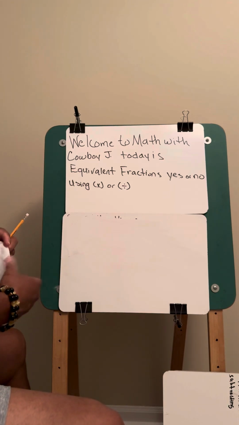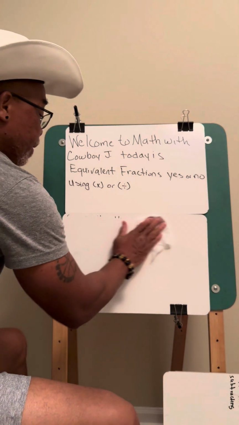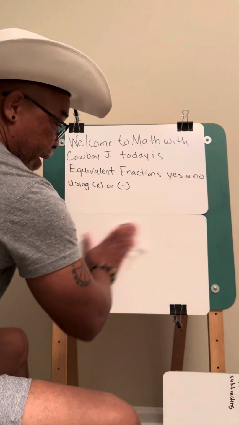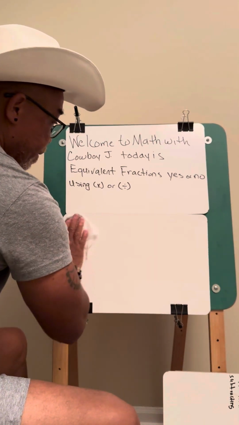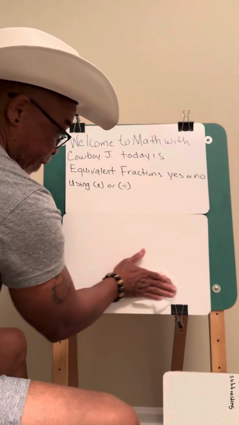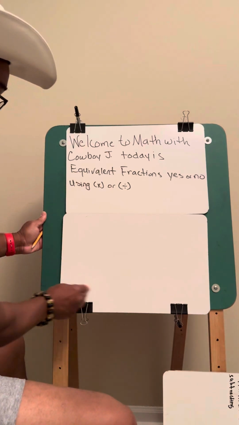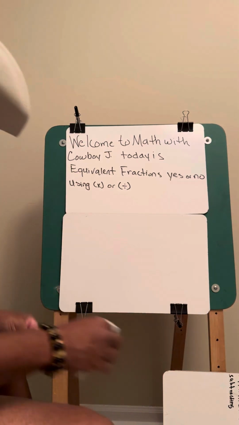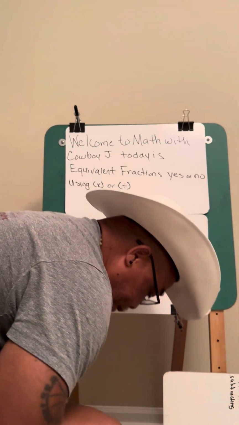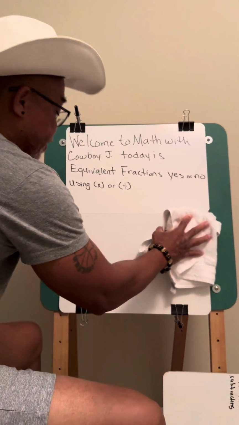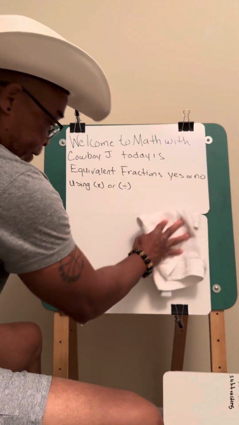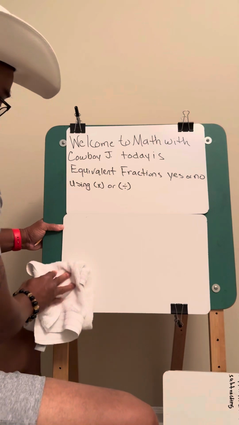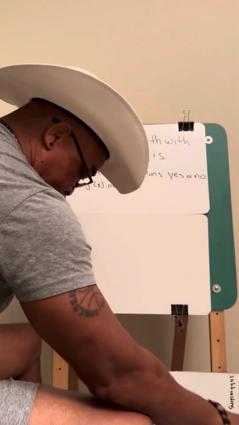So you might see this on a paper, and this might be called find the equivalent fraction. What they'll do is give you one fraction and then other fractions, and your job is to find out if those fractions are equivalent to the main one that they gave you.